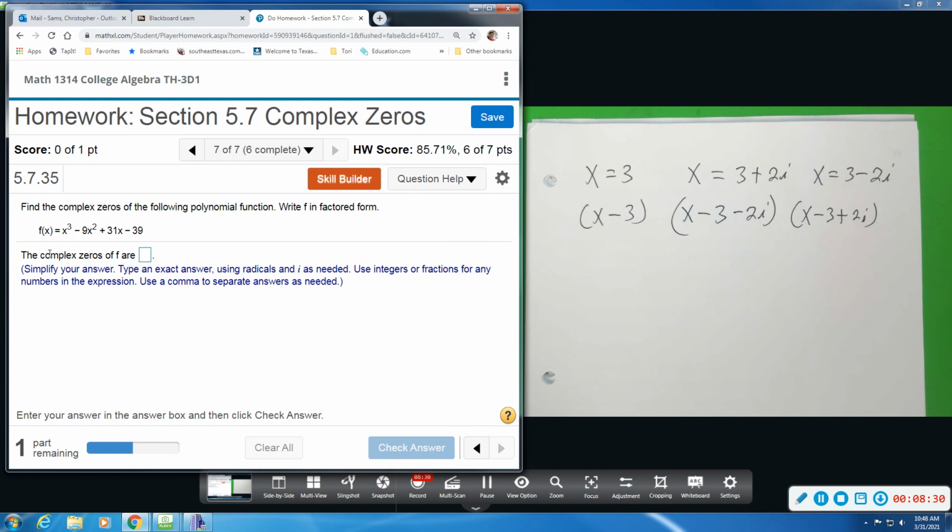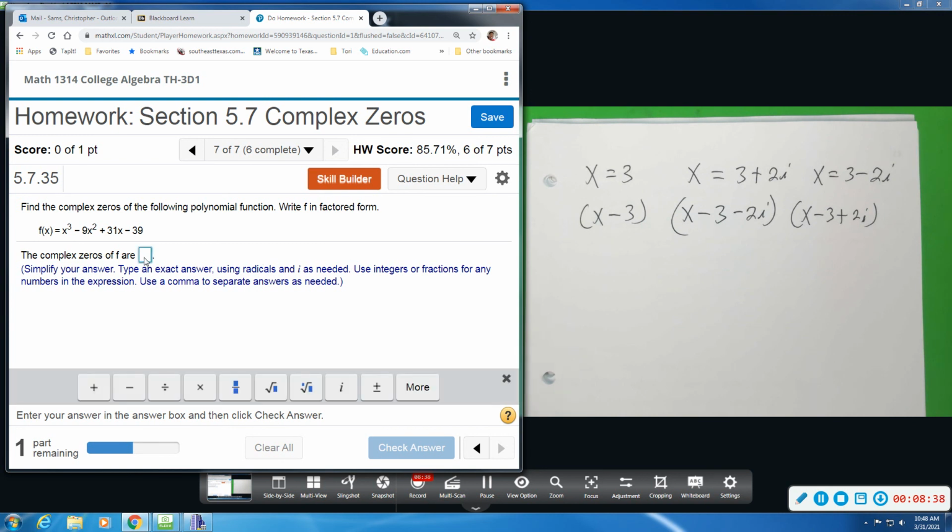So there's two parts. It says the complex zeros are. So these guys are my zeros. Okay, that is the 3, and then we have 3 plus or minus 2i. Let me just do plus or minus to save me some space.